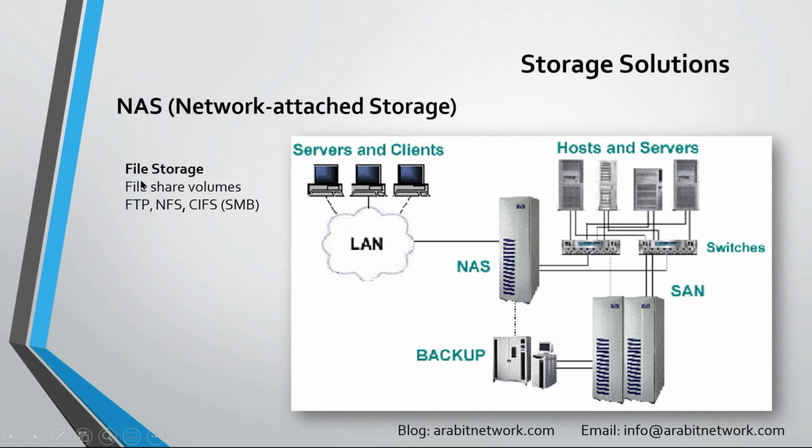FTP is considered a file protocol. A NAS system is a storage system that can be reached over the Ethernet, over our traditional network equipment and network cables, and it's used for different purposes.